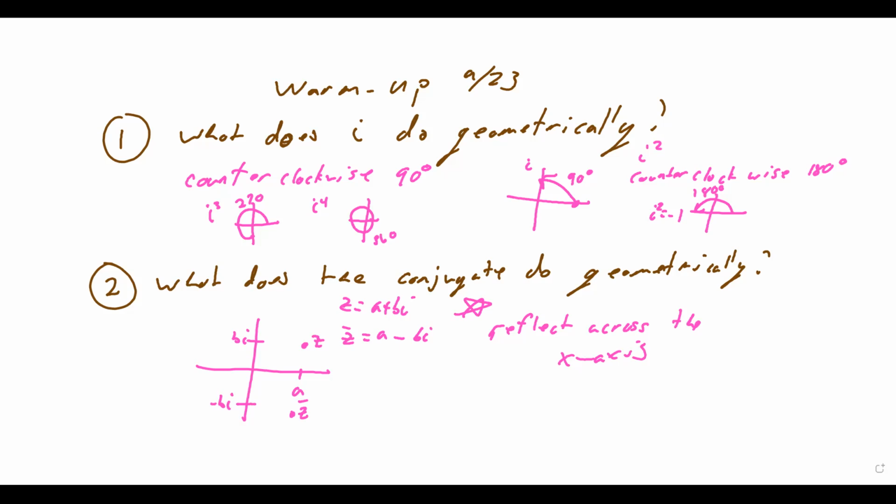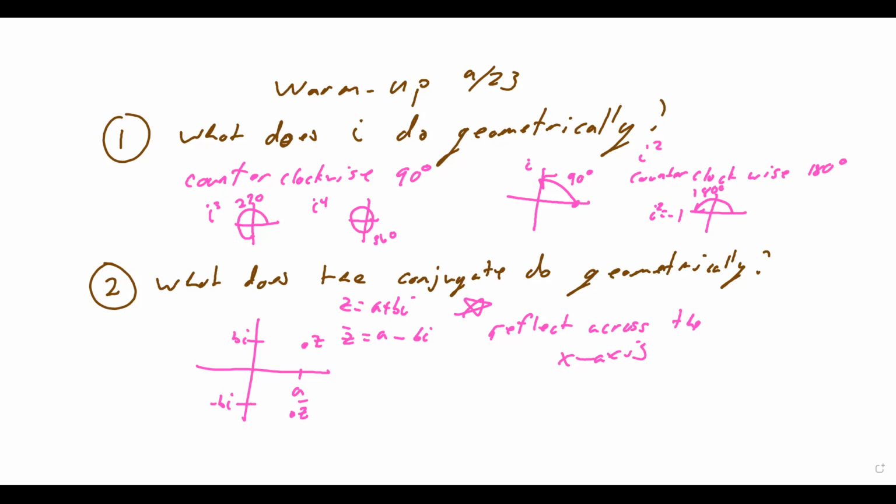All right, what I want you to do real quick is now go to your workbook and think about and answer question 1 on the exercise. We just talked about the conjugate reflects it across the x-axis. What would I have to do? Think in your head, don't think out loud. On exercise 1, what do I have to do to the complex number to reflect it across the y-axis? Don't say it out loud, though.